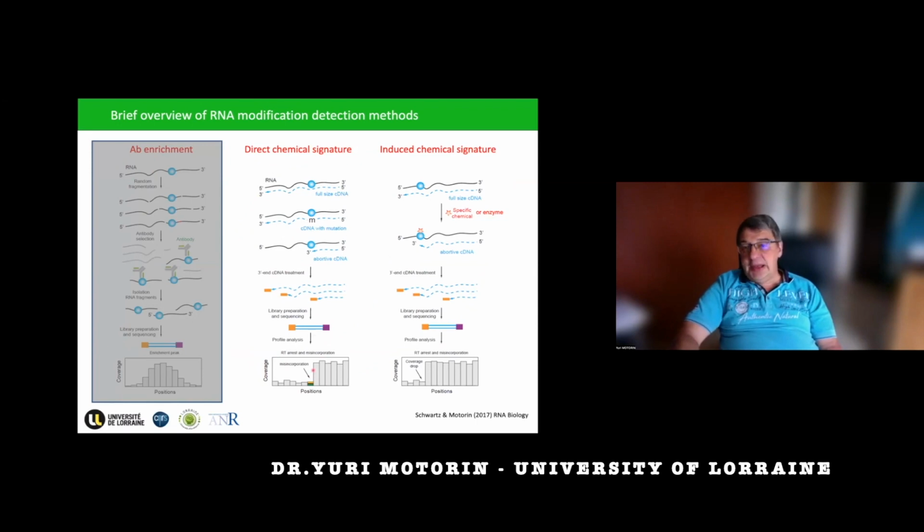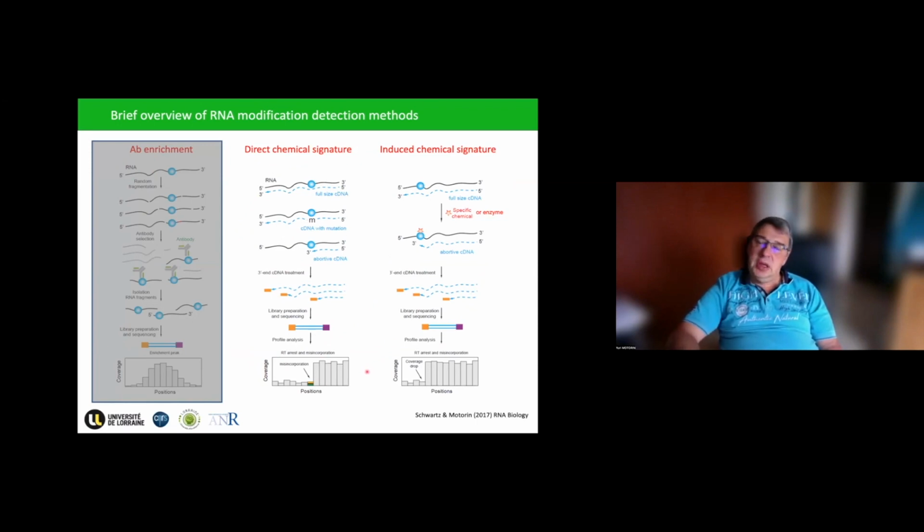But two other approaches are still extensively used. One is direct chemical signature, which can be generated by modified nucleotides that introduce either mutations or abortive cDNA synthesis during the RT reaction. Those fragments can be captured and converted to a library for establishing this kind of profile, where we have a drop in coverage and sometimes or frequently misincorporation at the position of a modified nucleotide.